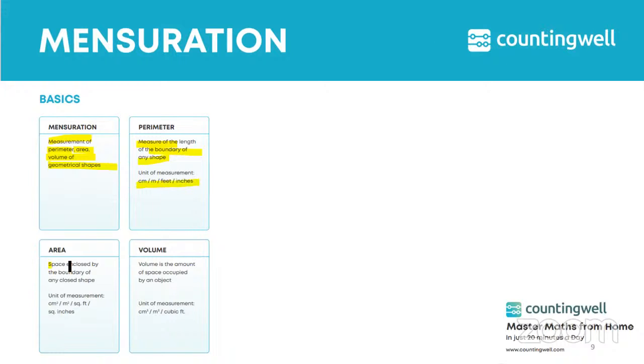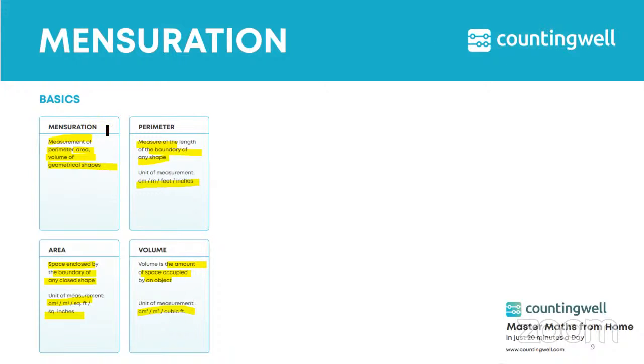Whereas area is the space enclosed by the boundary of any closed shape, and the units are centimeter square, meter square, square feet, square inches, etc. Whereas volume is the amount of space occupied by an object. Units of measurement are centimeter cube, meter cube or cubic feet, etc.